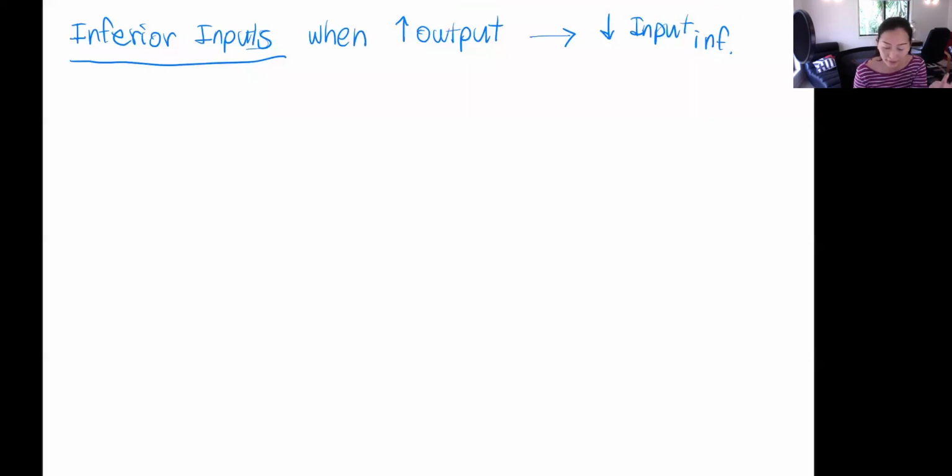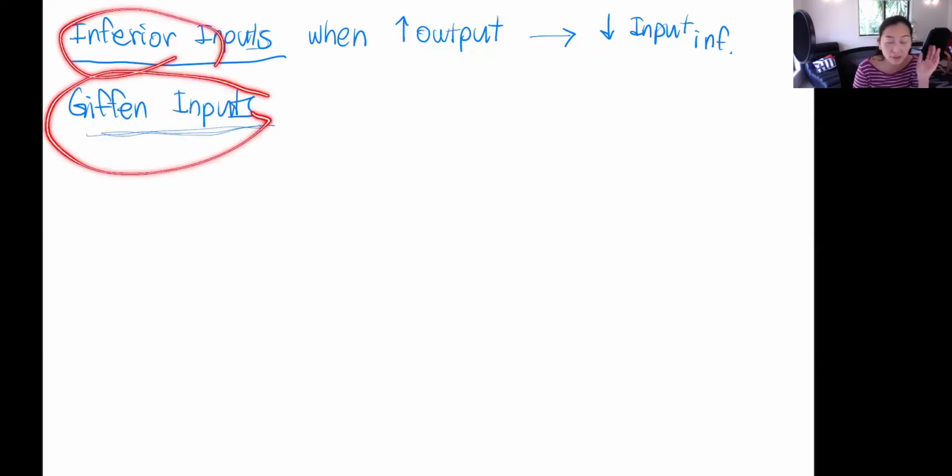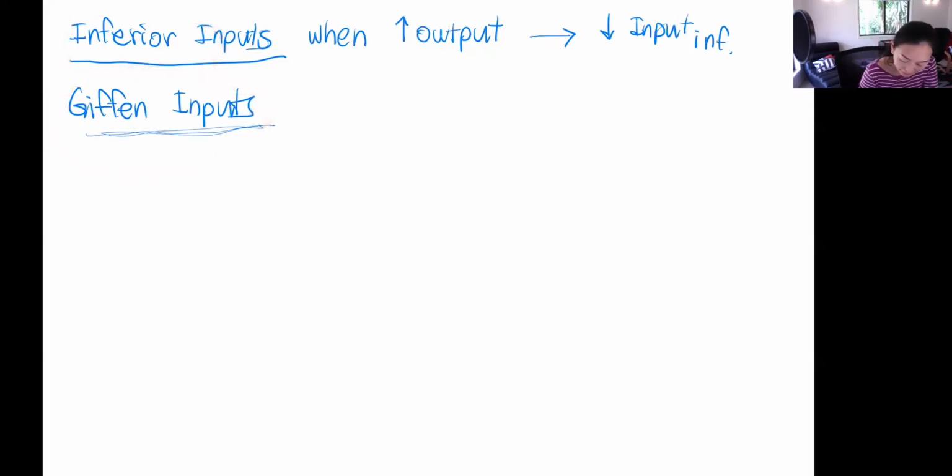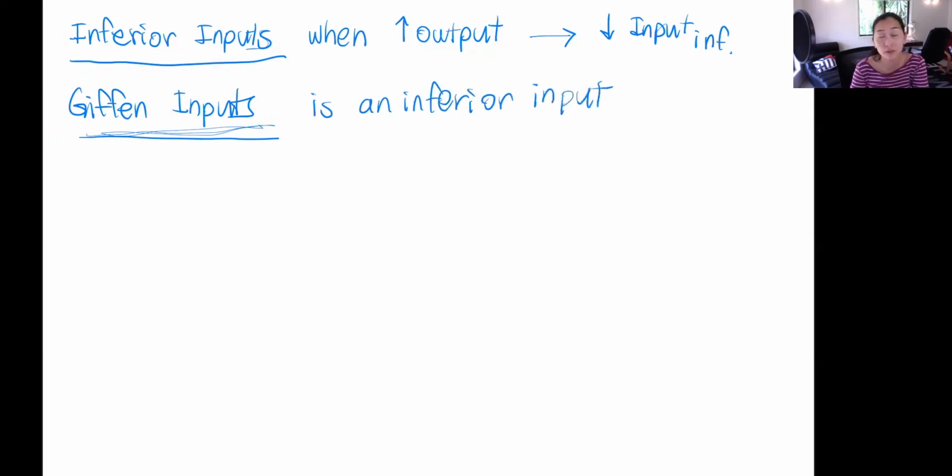Next, given inputs. For the inputs to be given, they must also be inferior. This given input must be inferior, just similar to the given good.